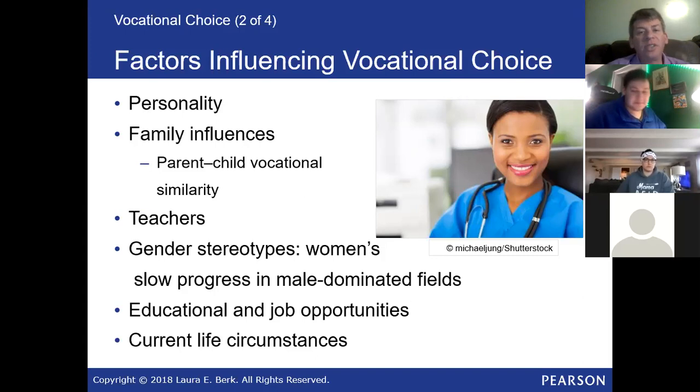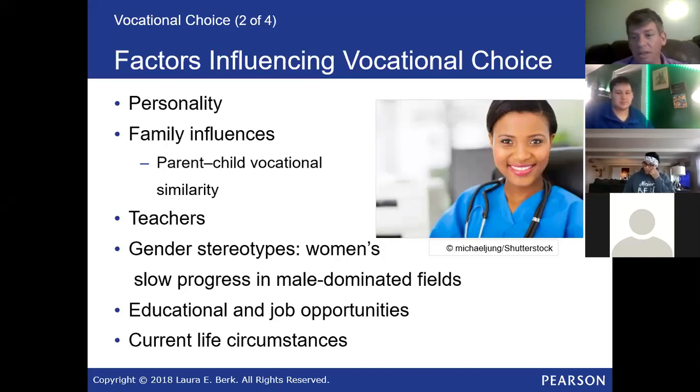All right. Factors influencing vocational choice. Your personality. That's what I get out of you, Jake the Snake. Your family influences, right? The parent-child vocation similarity. Parents teach, and obviously, a lot of times the children become teachers too. Parents are construction. A lot of times the children become construction workers. Parents are engineers. Parents are doctors. Parents are lawyers.